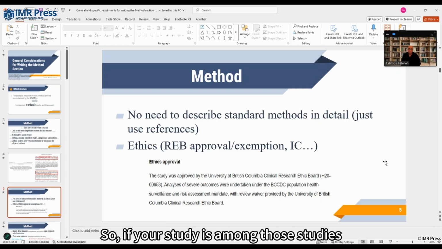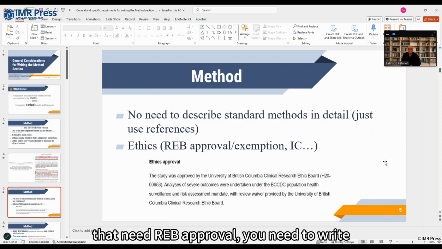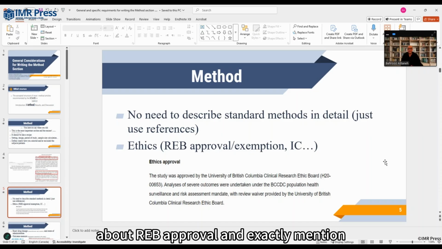So if your study is among those studies that needs REB approval, you need to write about REB approval and exactly mention which REB approved your study to be done. And even if your study is exempt from your REB approval, you need to write about that in the method section of your article.